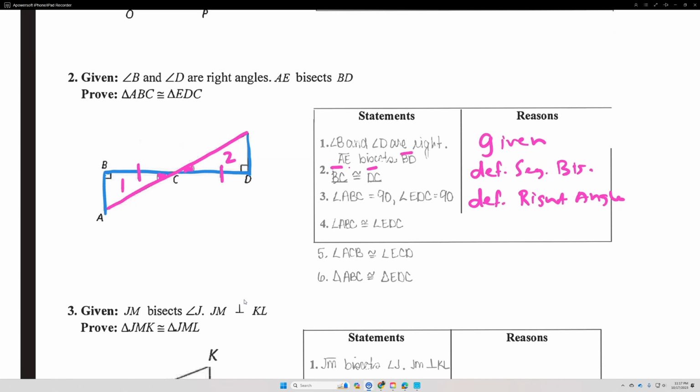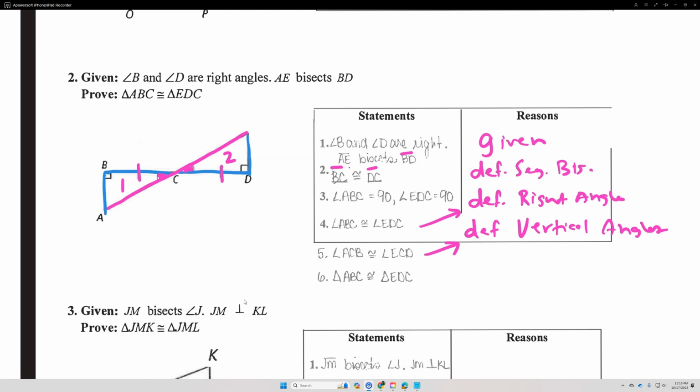Angle ACB is congruent to angle ECD, that's definition of vertical angles, and the one before that was definition of right angles, because the angles are 90 degrees, so therefore they're congruent.